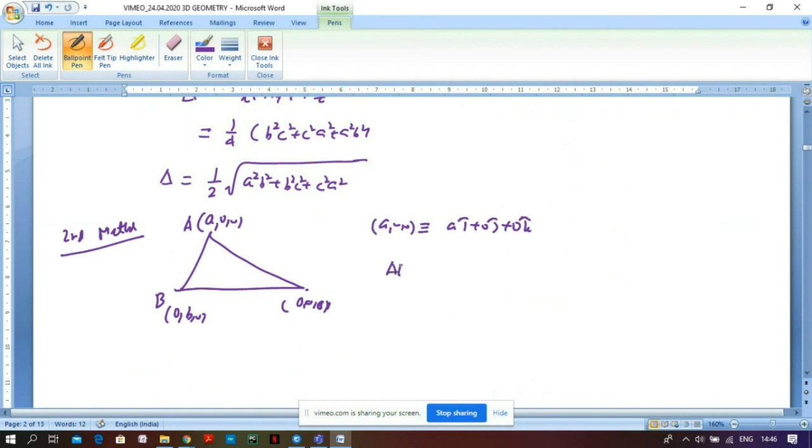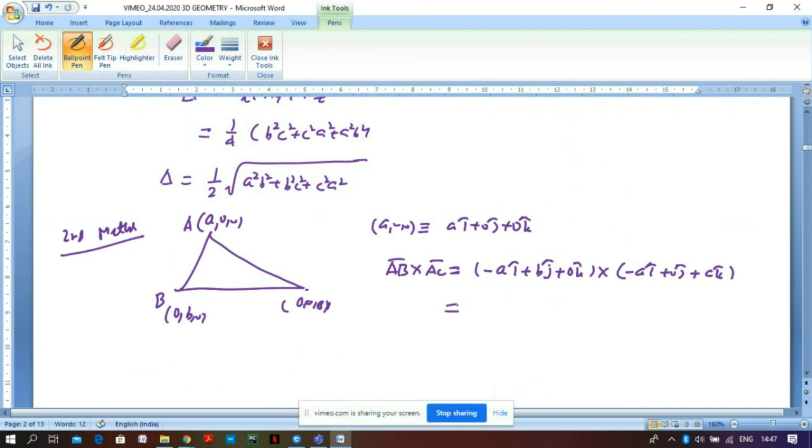So now if you write AB cross AC, AB is minus A i cap plus B j cap plus 0 k cap, and then cross AC. AC is minus A i cap, again minus A i cap, this is 0 so that becomes 0 j cap, and then this becomes C k cap.